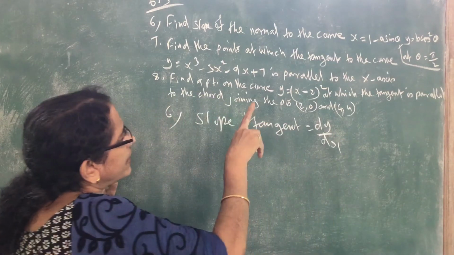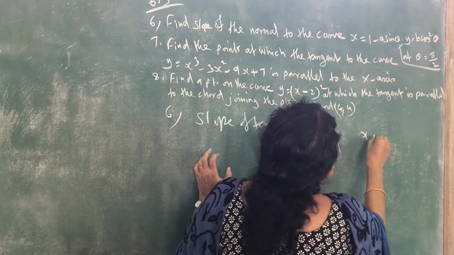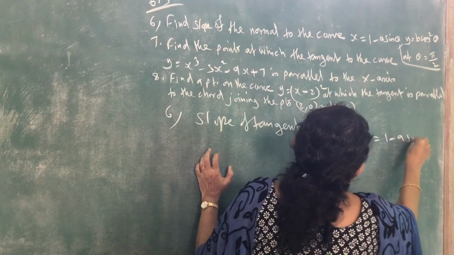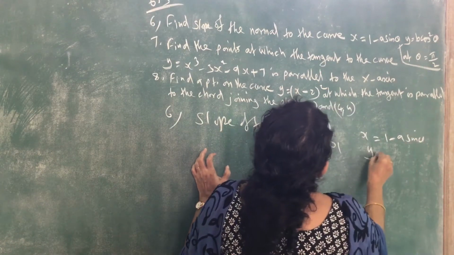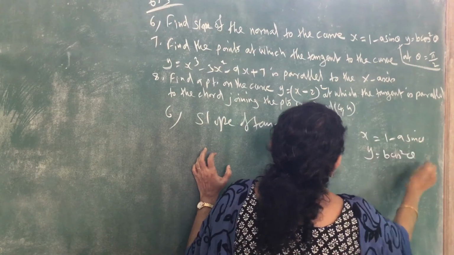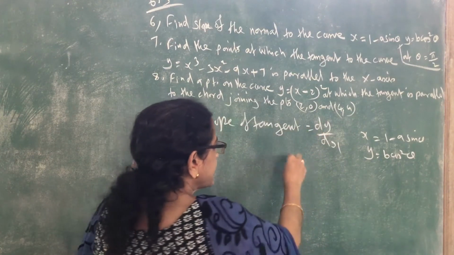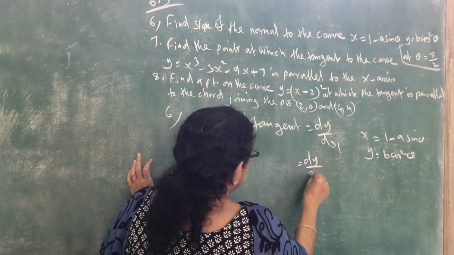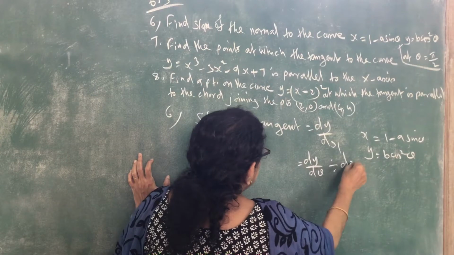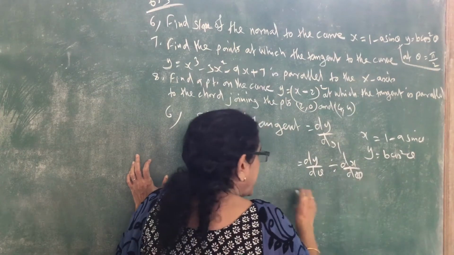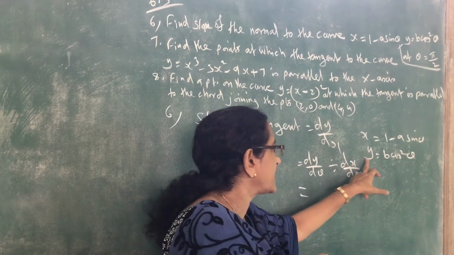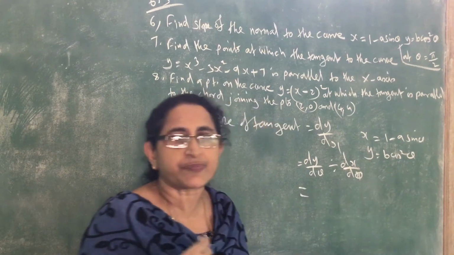Now x is given equal to 1 minus a sin theta and y equal to b cos square theta. So dy by dx equal to dy by d theta divided by dx by d theta. That is dy by d theta, derivative of b cos square theta with respect to theta.